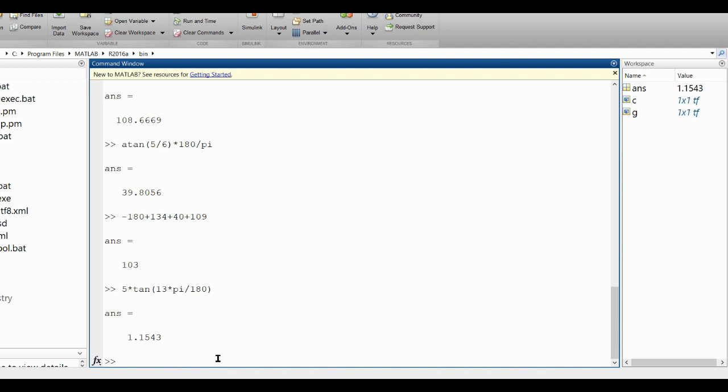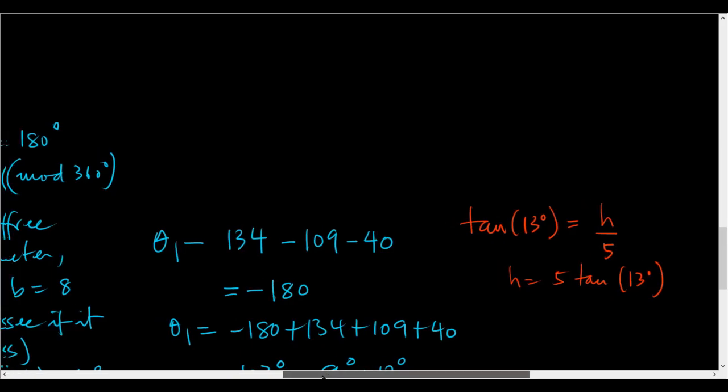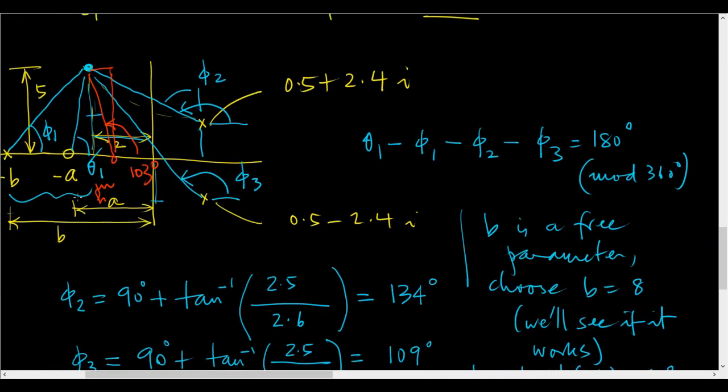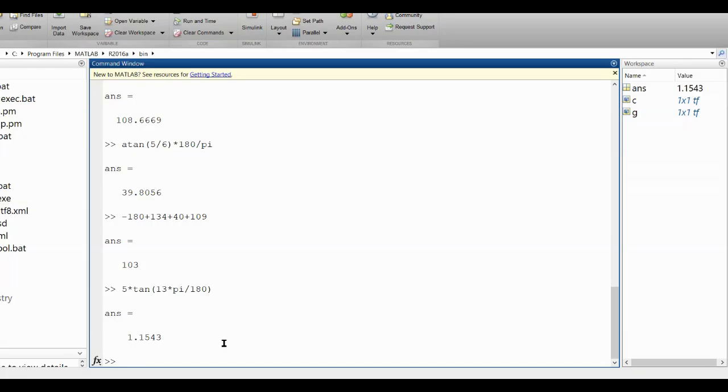Okay, so we come here, this distance is 1.15, this distance is 2, and therefore this is 0.85.